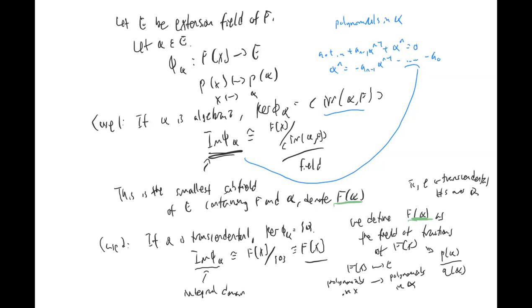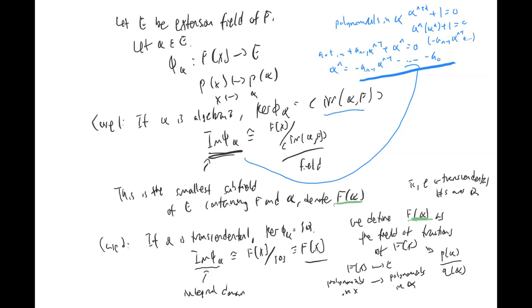Because I could just keep doing it inductively. If I had alpha to the n plus 2 plus 1 equals 0, for example, well, alpha to the n plus 2 is alpha to the n times alpha squared. Alpha to the n I could rewrite using this. I don't want to do it all the time, but hopefully you get the idea.